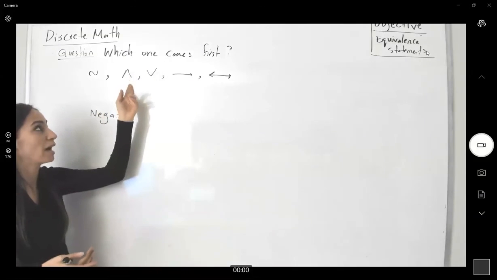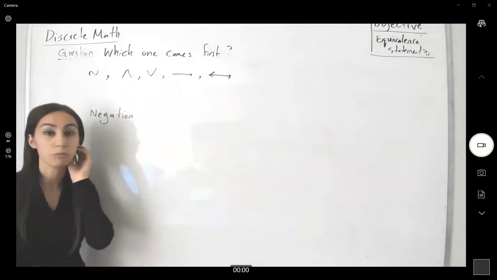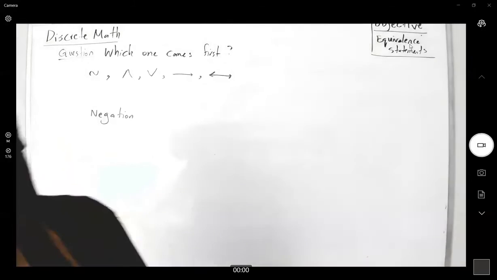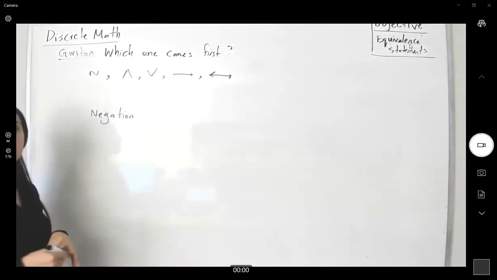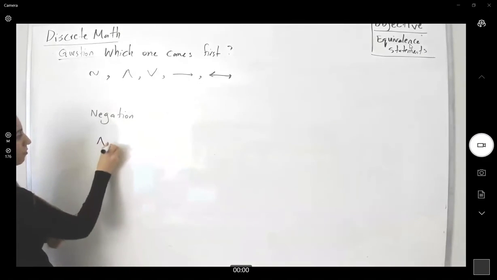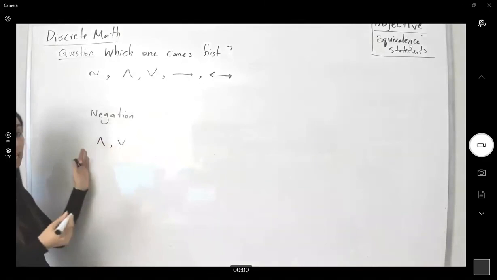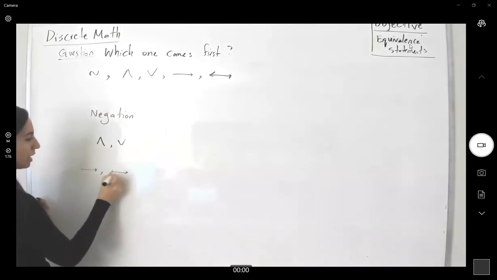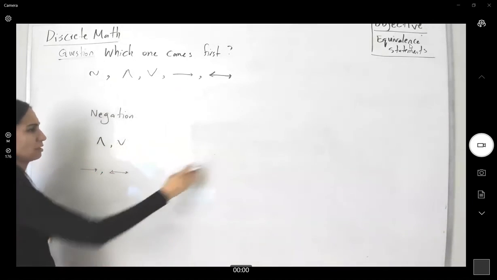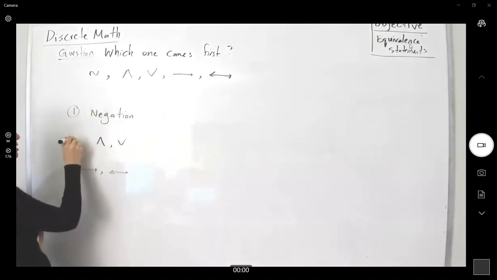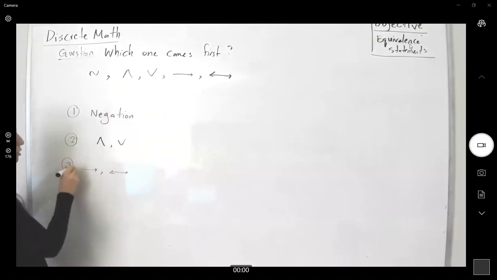After that, does it come and, or, implication, biconditional? Which one? Okay. So after negation, we look at and, or. After and, or, you have implication and biconditional. Well, so this takes the first priority, second priority, and the third priority.